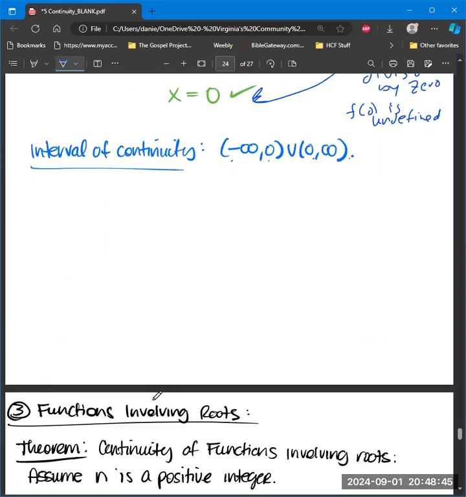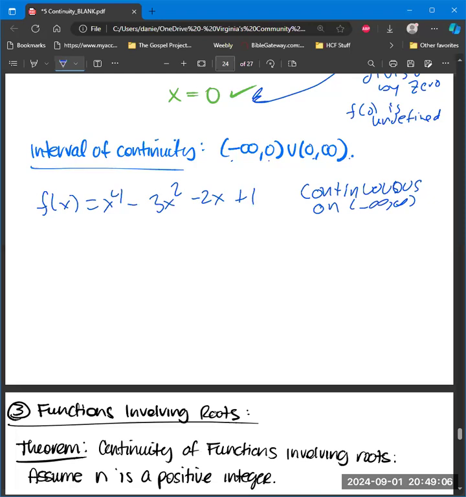Let's try this in this space. So if we have to state the intervals of continuity, f of x is equal to x to the 4th minus 3x squared plus 2x plus 1 is continuous on -infinity to infinity because it's a polynomial.